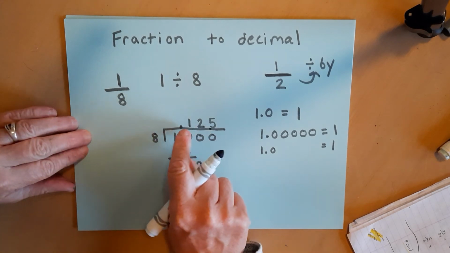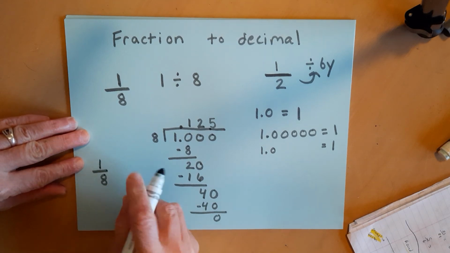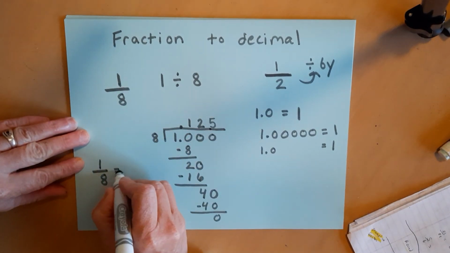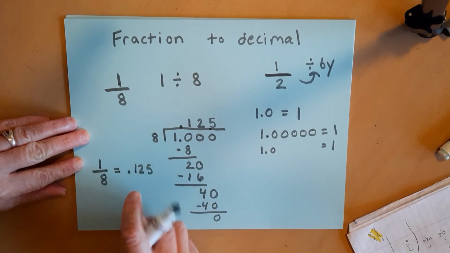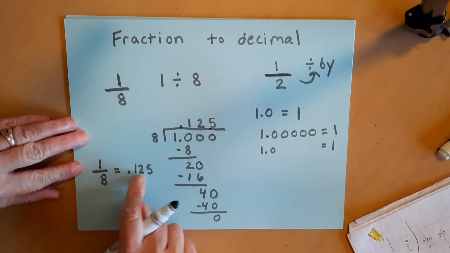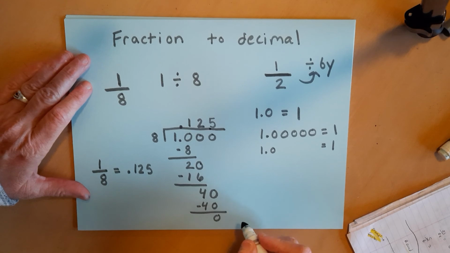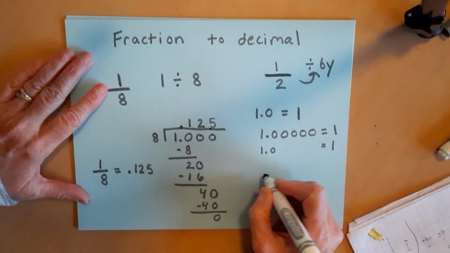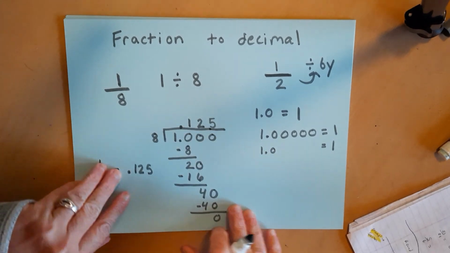So we can go back up here and see what our answer is. 1/8, the fraction turned into a decimal, equals 0.125 or 125 thousandths. Those two numbers are equal, and that's how you make a fraction into a decimal. You just have to remember that the sign right here means divided by.